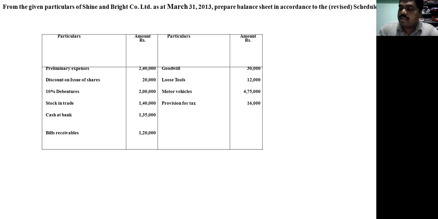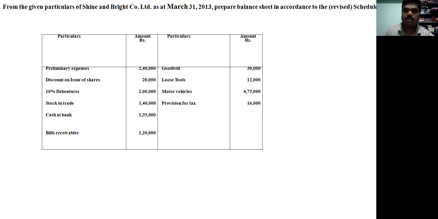In case of miscellaneous expenses, preliminary expenses, underwriting commission, discount on issue of shares can appear. Whereas in current assets, interest accrued on investments, stores, spare parts, loose tools, stock in trade, work in progress, sundry debtors, and cash balances, bank balances, bills receivable, all these will be added.